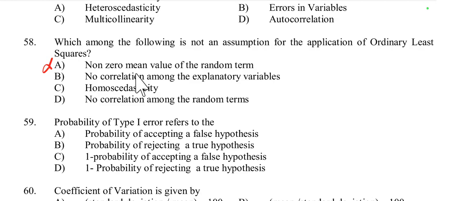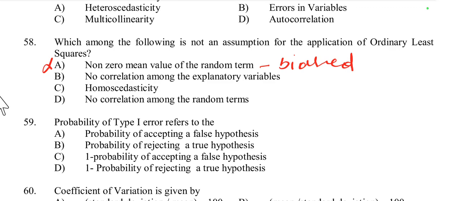If the mean of the error term is non-zero, then the OLS estimator will be biased. So this is not an assumption. We assume that the error term should have a zero mean.